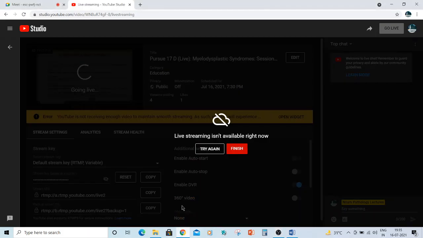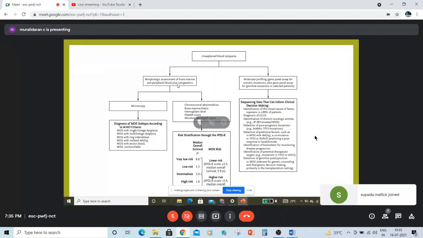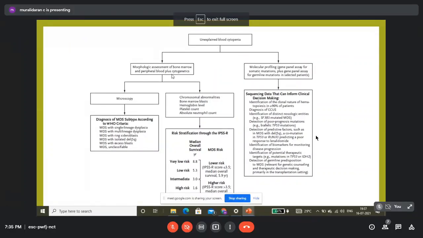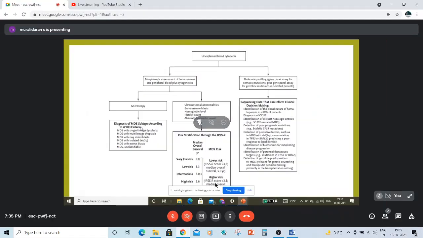So this is the thing I have explained. Unexplained blood cytopenia: look for morphological assessment of bone marrow and peripheral blood counts, and look for blasts and cytogenetics, and based on that we classify the MDS subtypes.